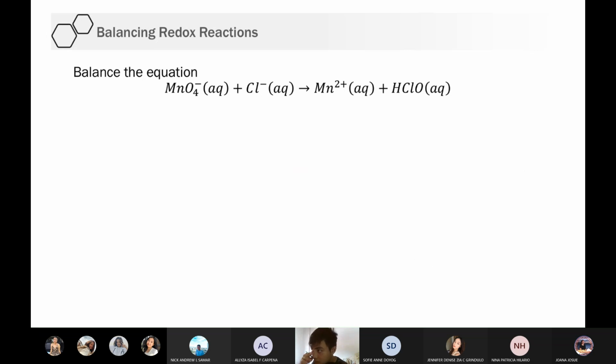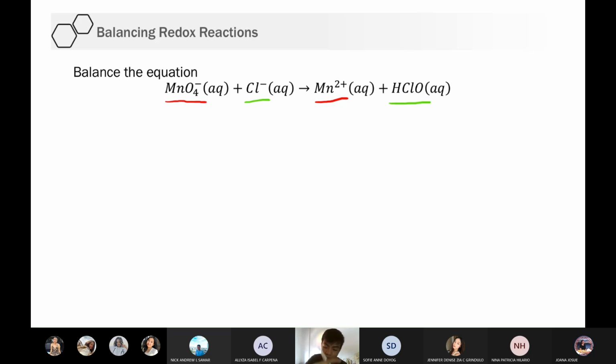Okay. So yun lang. How about this one? Let's balance this. Sabi ko kanina sa inyo, if you find this equation, you split this na. Split mo sila into 2. Yung permanganate and manganese 2+, pagsamahin mo yan, and yung chlorine ion and hypochlorous acid.